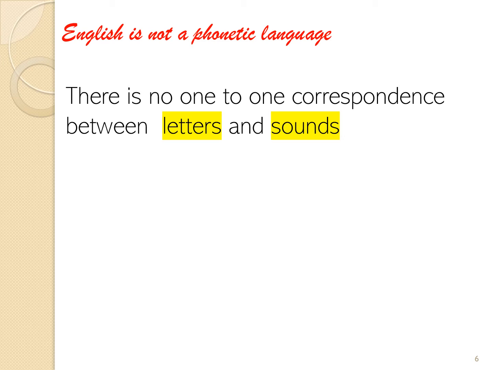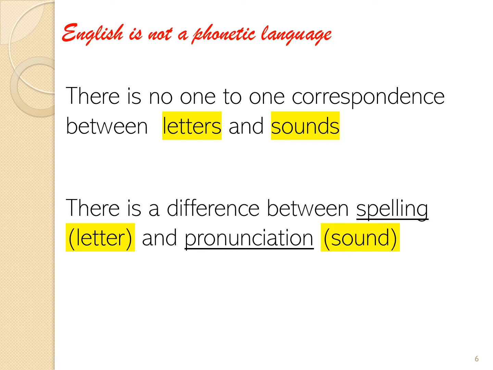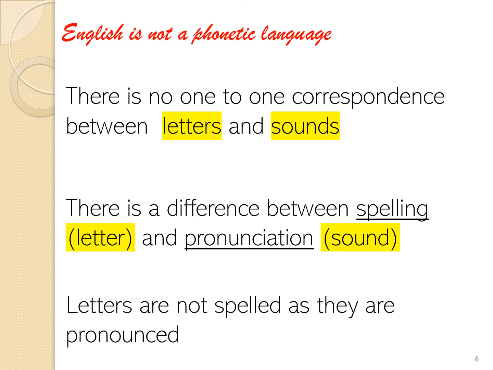It's not always straightforward. I've already seen some examples of this inconsistency. So there is a difference between spelling and pronunciation, between orthography and pronunciation. So letters are not spelled as they are pronounced.